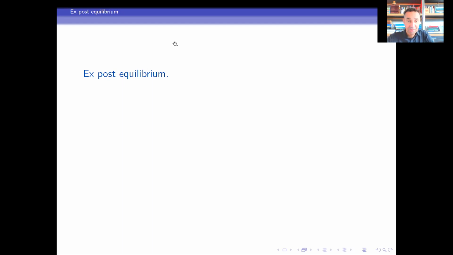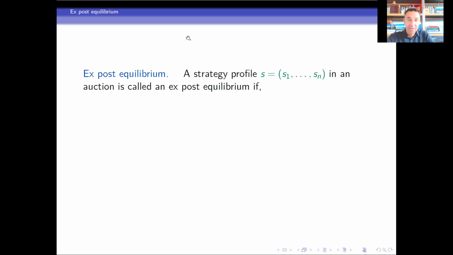So what's an exposed equilibrium? An exposed equilibrium is a strategy profile with the property that if you take any realization, so you just take realized valuation functions, and if you take such a realization, then you can compute the bids.